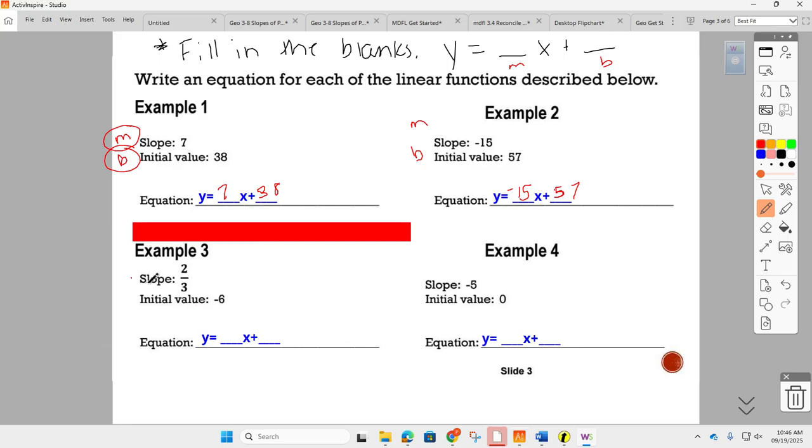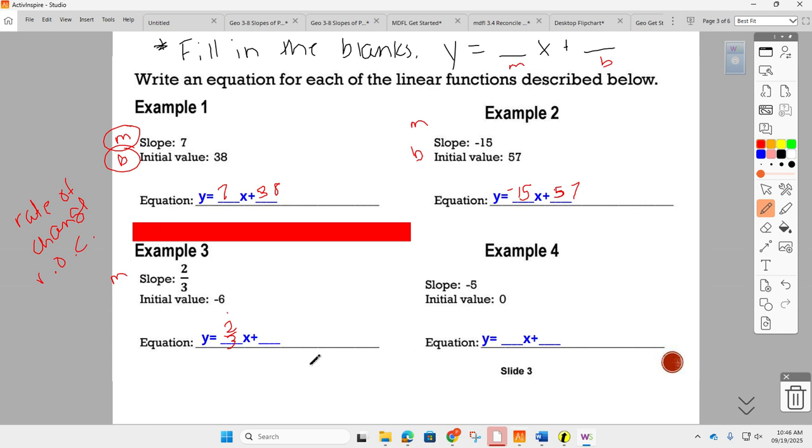Slope, rate of change. So this is the slope. Remember, that's also the rate of change. Slope and rate of change are the same thing. I sometimes will abbreviate that ROC. It doesn't matter, the slope can be a fraction. So in the blank for slope, 2/3.